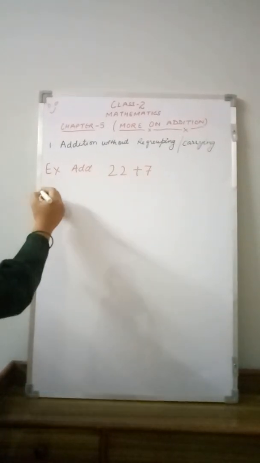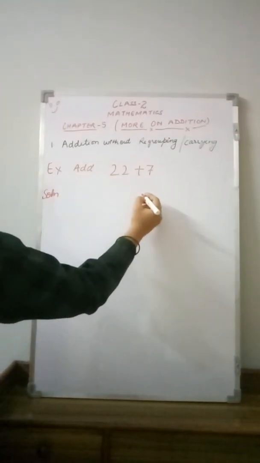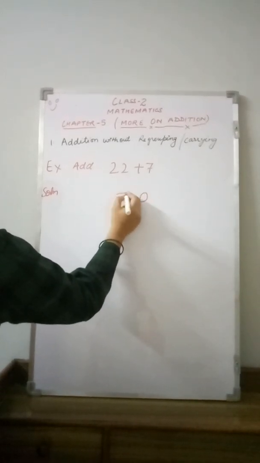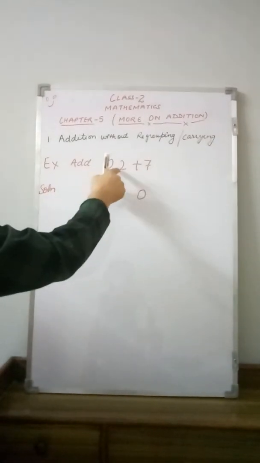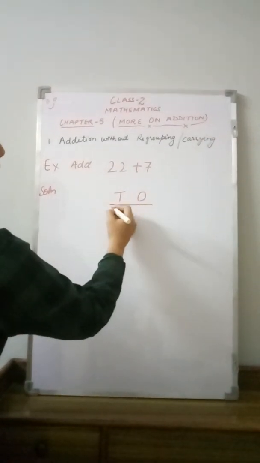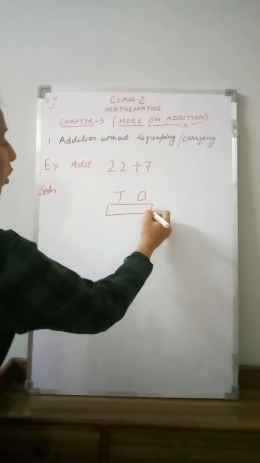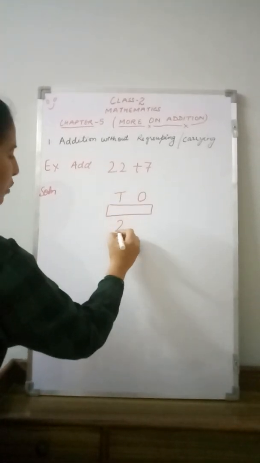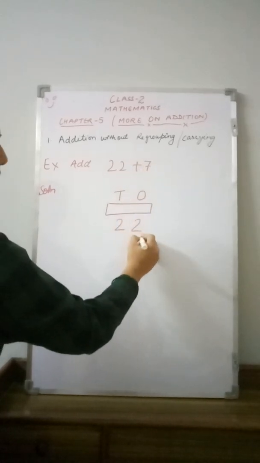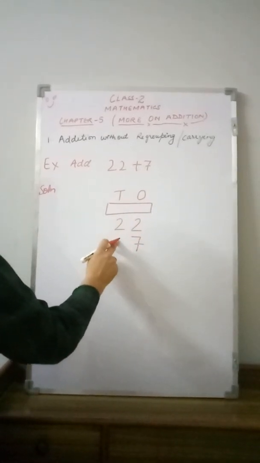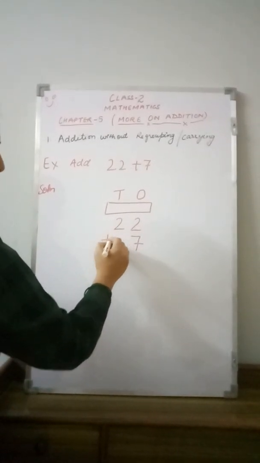For solving this question, first of all we have to write the places also, because in this method we have to write the place values and arrange the numbers at their correct places in column form. So this is the bigger number, 22, and the next is 7, and we can use a plus sign.